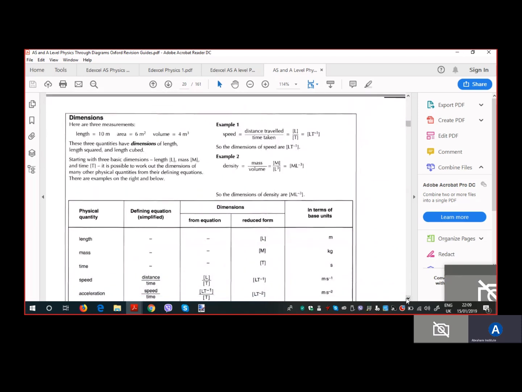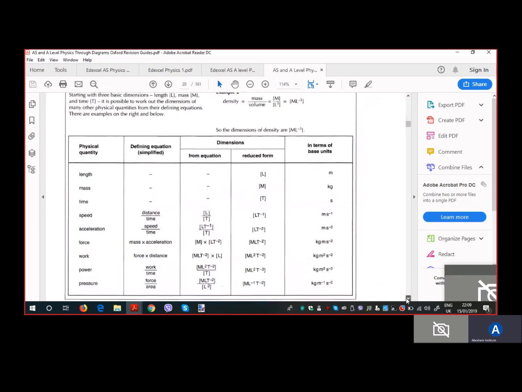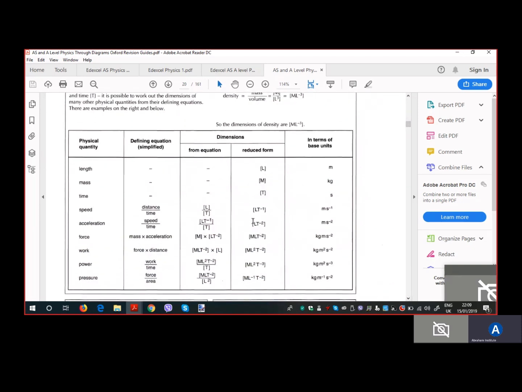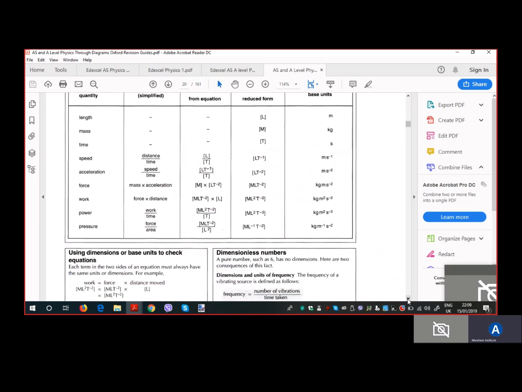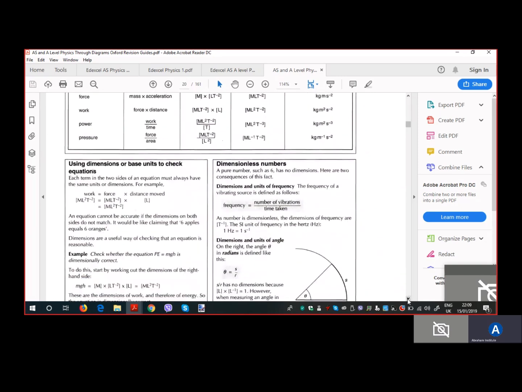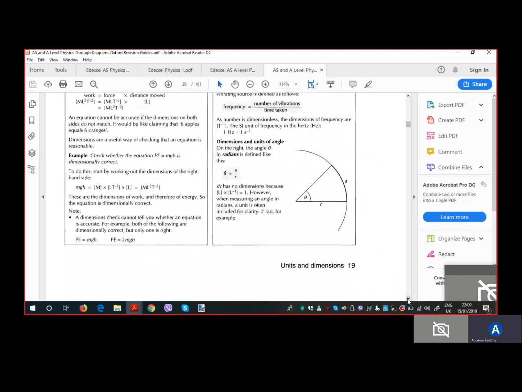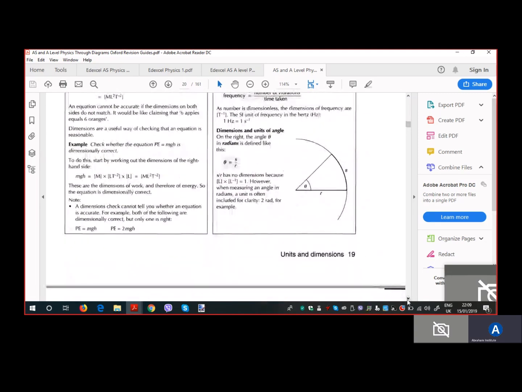Here it shows how to get it also in a way by substituting like this. You can download this also. About radian also they're explaining.